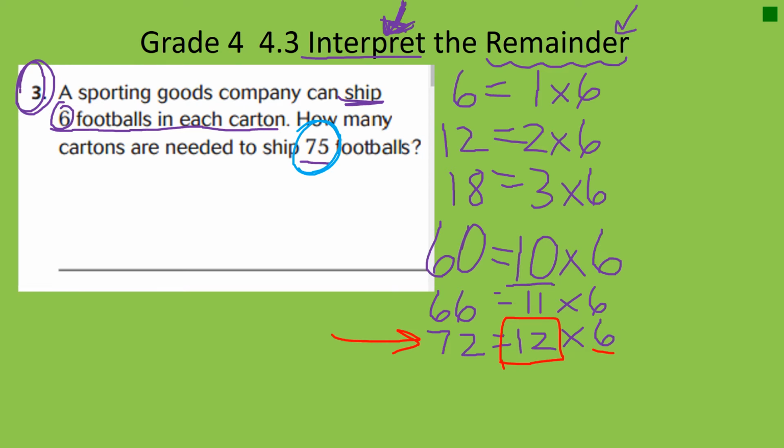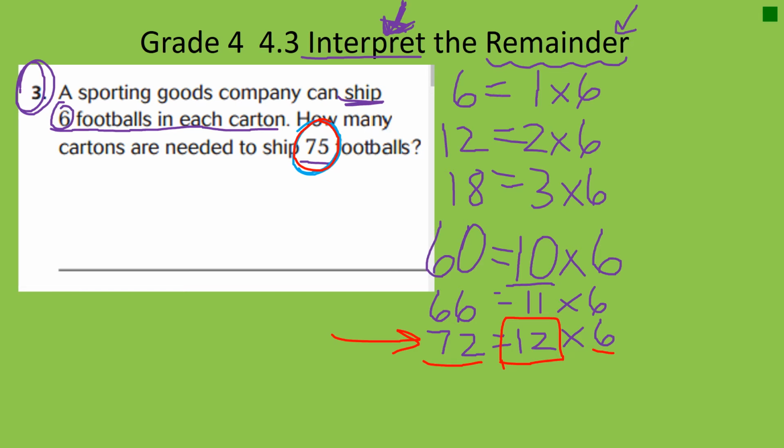So we have already packed 72 footballs, right? Now, if you order 75 footballs, can they just send you 72 and be like, oh, sorry, your order wasn't a multiple of 6, sorry? No, they are going to get another carton and put the rest of the footballs into that carton.